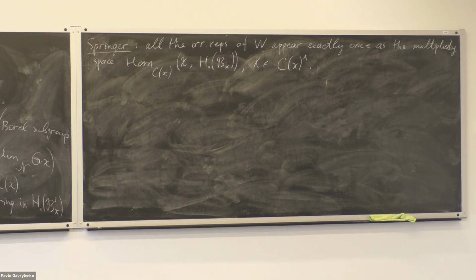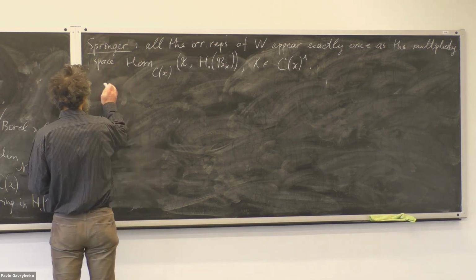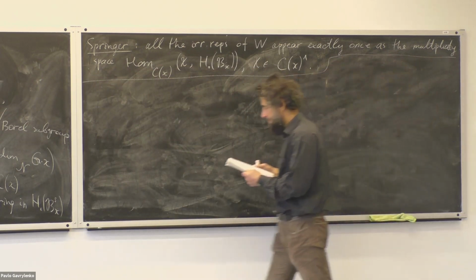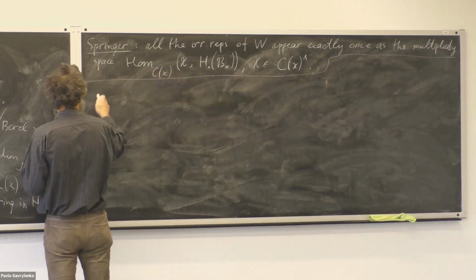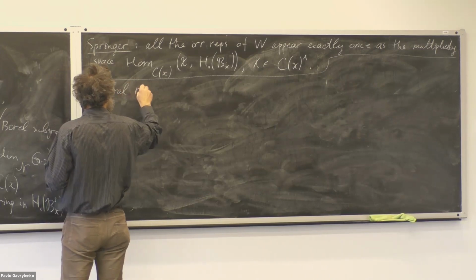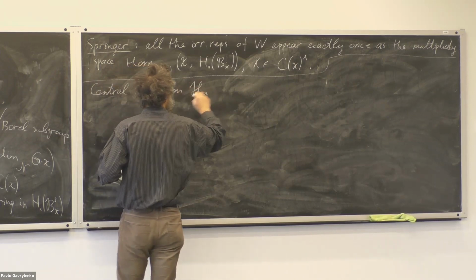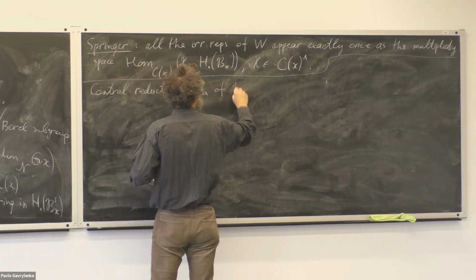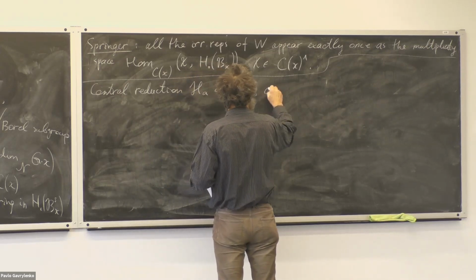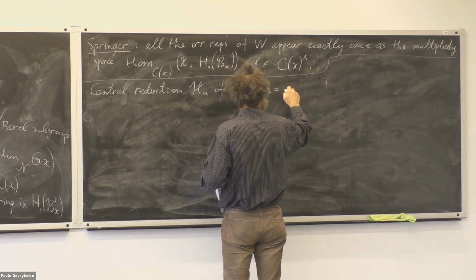So let's go back to the affine Hecke algebra. We had this central reduction, H sub A of the affine Hecke algebra. And here A was a semi-simple element.